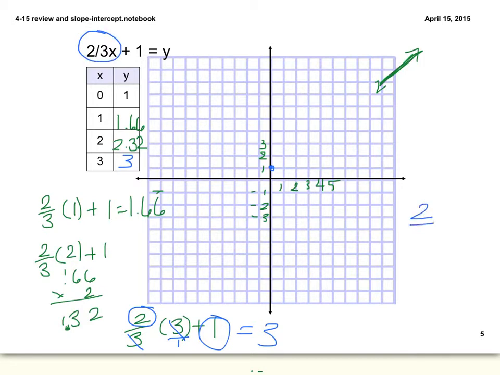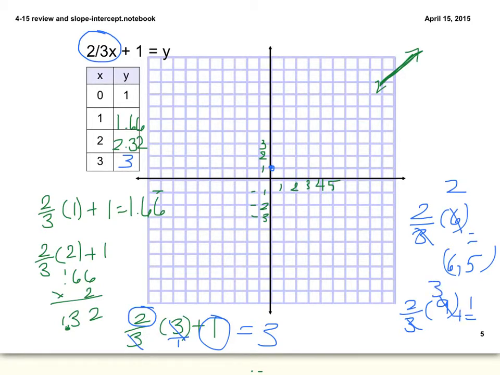I could say 2/3 times 6, cancel that out, and I'd get 2 times 2 is 4 plus 1, so it'd be 6, 5. And I could say 2/3 times 9. I can do whatever I want to, which is a really nice thing about slope-intercept form. I get 6 plus 1 gives me 7, so my coordinates would be 9, 7.